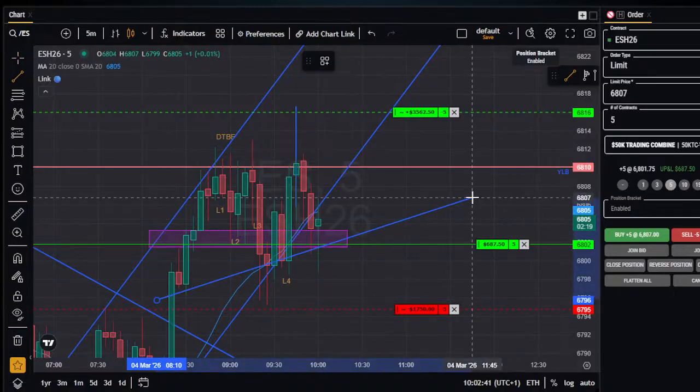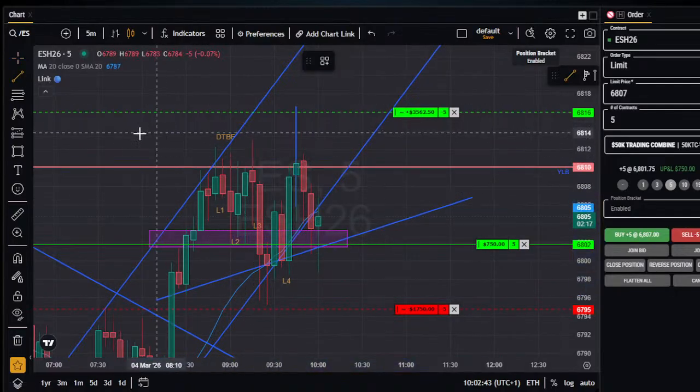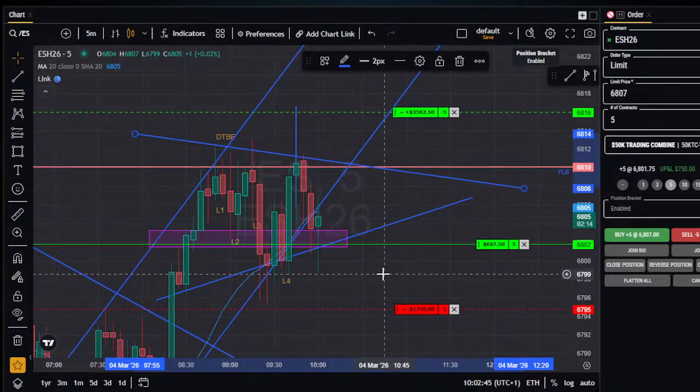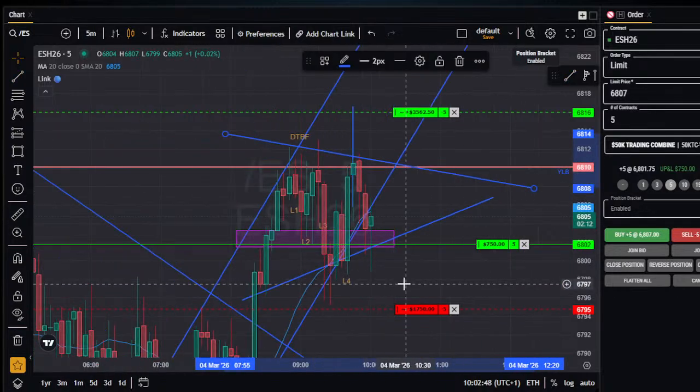Is this a triangle? And triangles often become the final flag in a trend.